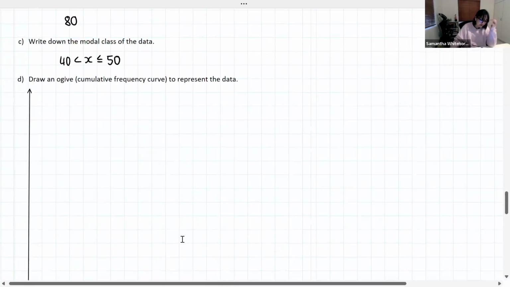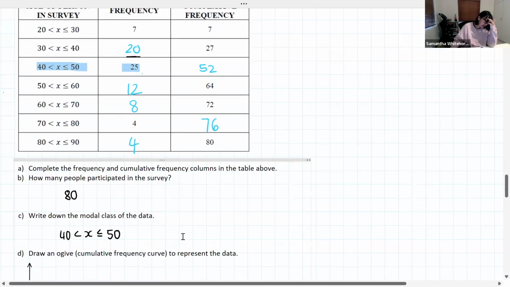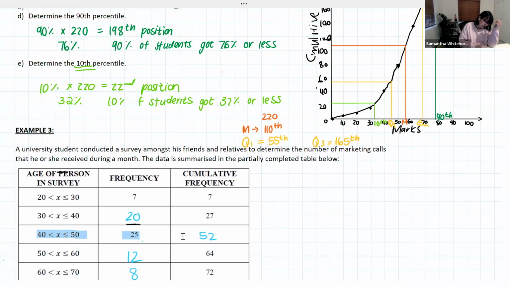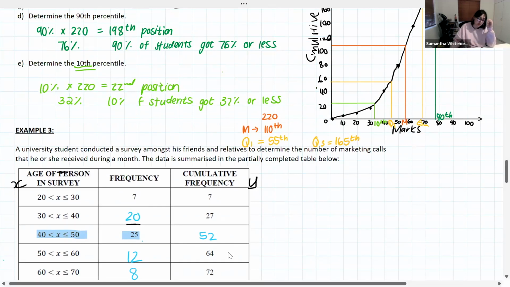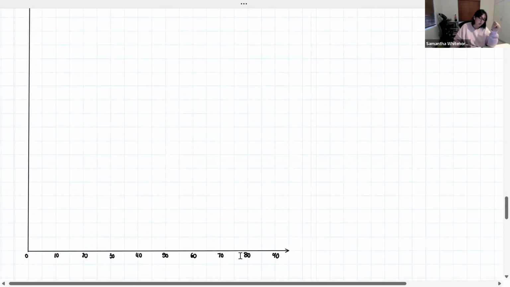That's good. Just remember, X is whatever data you're looking at. So in this case, it would be our age. The cumulative frequency is your Y. I'm not going to attempt to write cumulative frequency up this Y axis. We are just going to roll with it.